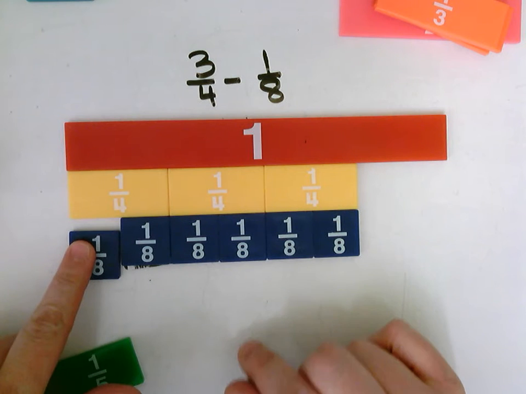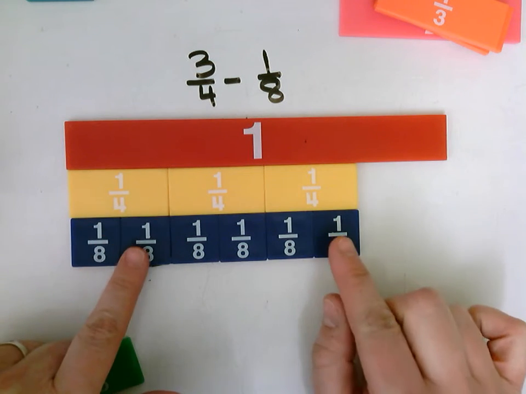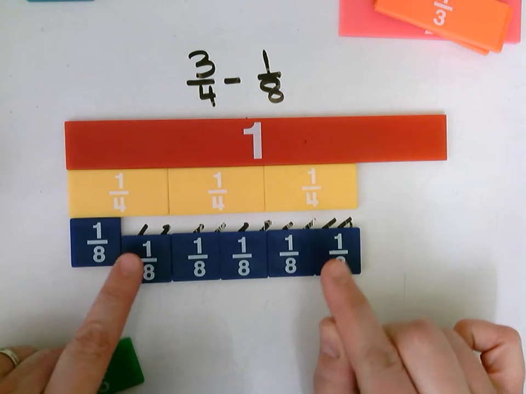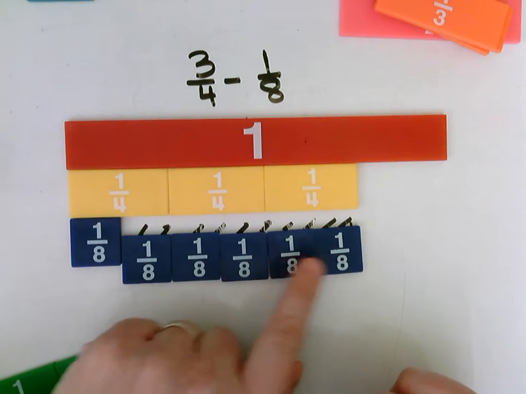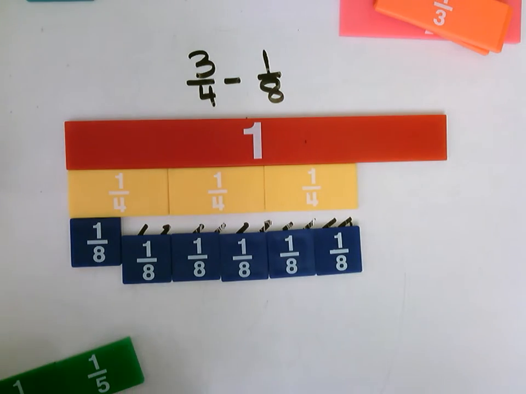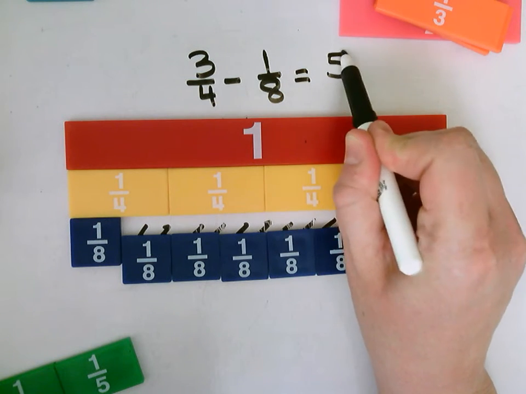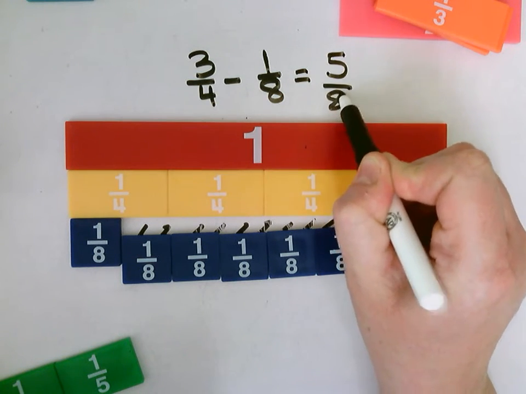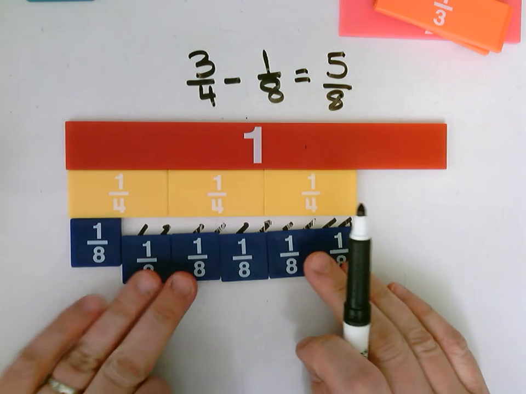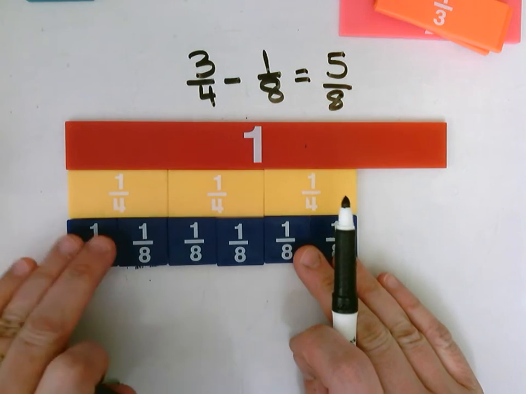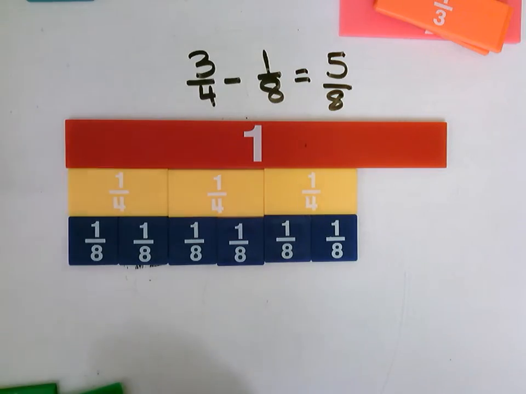Now remember, this is the 8th that we already have, so I'm just going to count these 8s right here. 1, 2, 3, 4, 5 8s. So 3/4 minus 1/8 equals 5 8s. All right, let's try one more example.